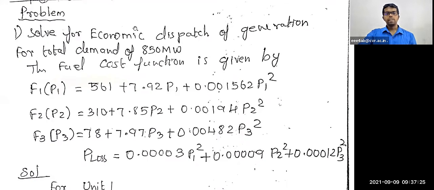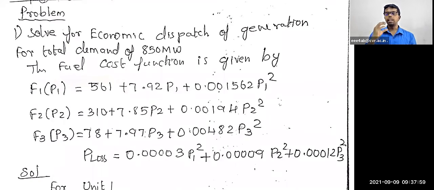So always, first, don't blindly solve the problem. First you have to see whether the fuel cost function is given or the heat rate characteristics are given. Sometimes the differentiation itself will be given, that is dF1 divided by dP1, dF2 divided by dP2, dF3 divided by dP3. Sometimes the first differentiation itself will be given in the problem.